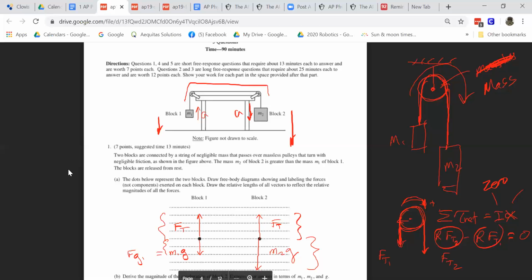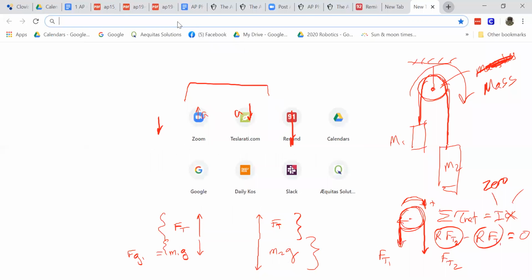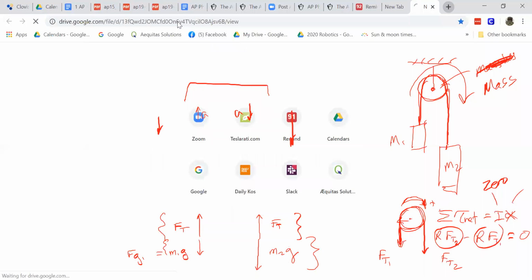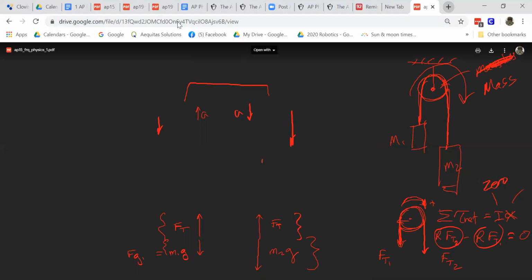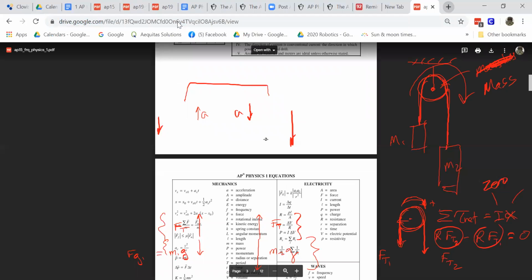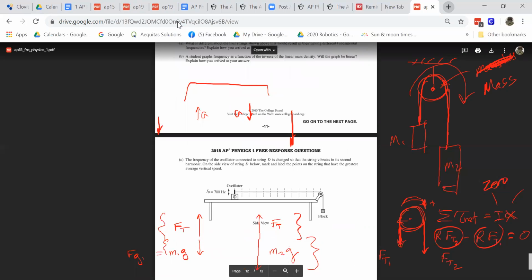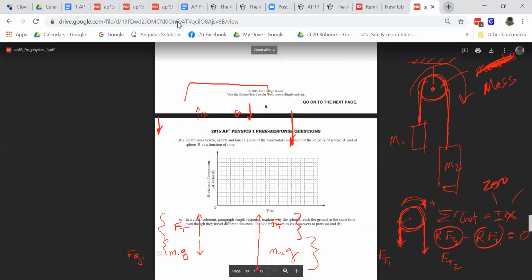Okay, so this is my answer for part A. Let's check part A. Oh, wait, no, I can't. I know what I'll do. Still scribble all over my screen, but I don't want to take the scribble off just yet. Oh, it doesn't have the solution guide.